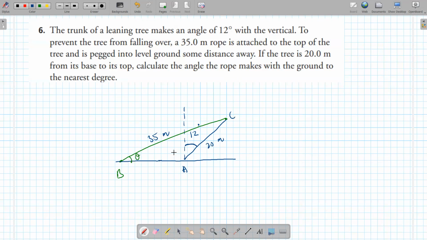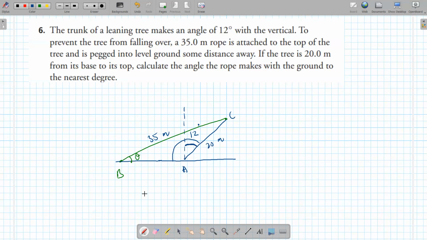Now think about it. This is the vertical line, okay? This angle is 12. What is going to be this big angle? Or we don't know. You have two options. Either you give me a number or there may not be a way to find that.